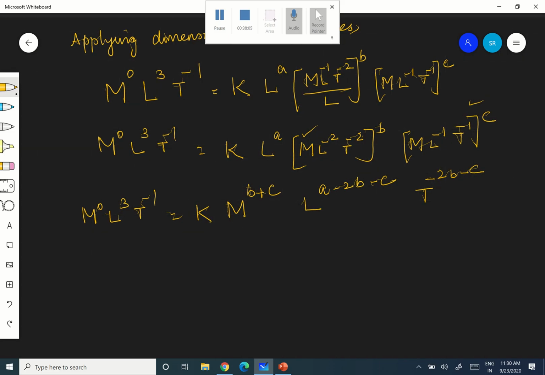Once again, equating the powers on both sides. On the left side M power 0, on the right side M power b plus c, so b plus c is equal to 0. Next, on the left side L power 3, on the right side L power a minus 2b minus c, so a minus 2b minus c is equal to 3.